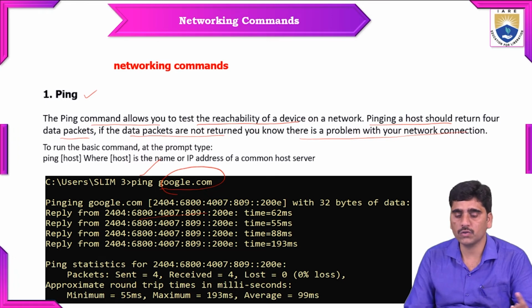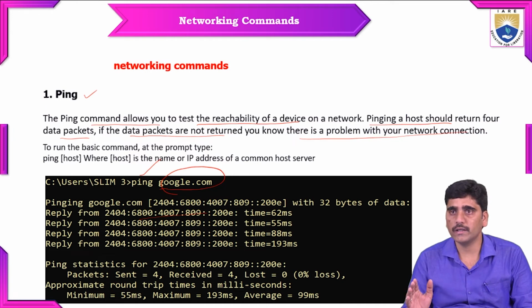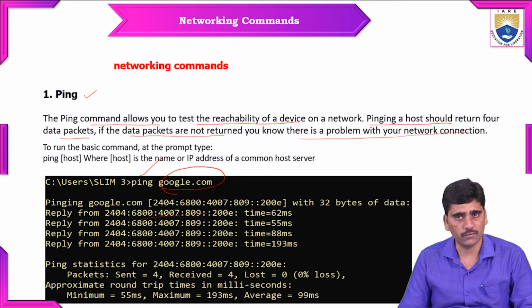The ping command allows you to test the reachability of your device on the network. Pinging a host should return some particular data packets. If the data packets are not received by the receiver, that means the problem is in the network connection.